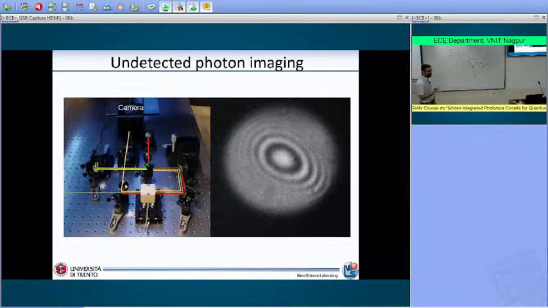So this is an evidence of the properties of entangled photons that you can see on a macroscopic object. You can imagine the kind of application of these properties. If I'm using entangled light, I can observe, being in this room, something that is happening in the nearby room, because I'm not using the light that is interacting with that object.